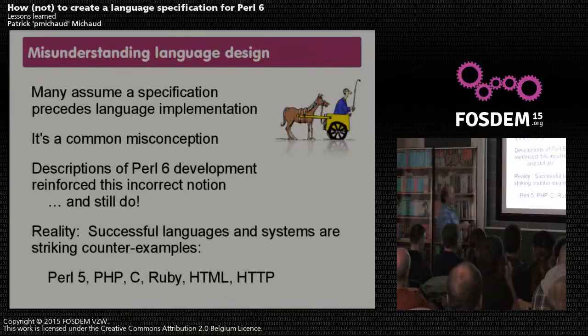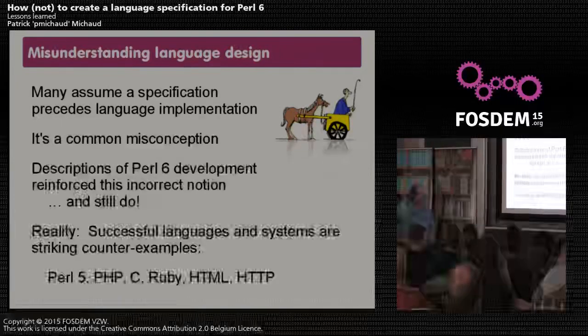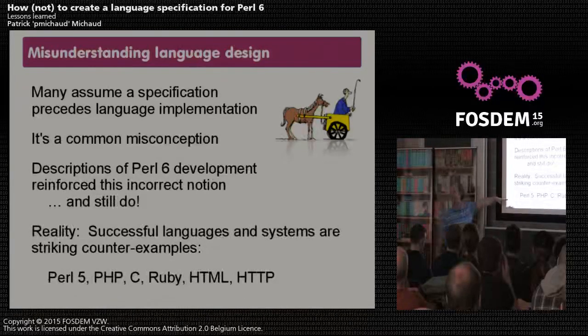But the reality that I didn't realize until probably about 5 years ago: successful languages, if you pick any successful language or system that we have today, they almost always started with an implementation that was later converted into a specification. So Perl 5, clearly successful, and it doesn't have a language specification.